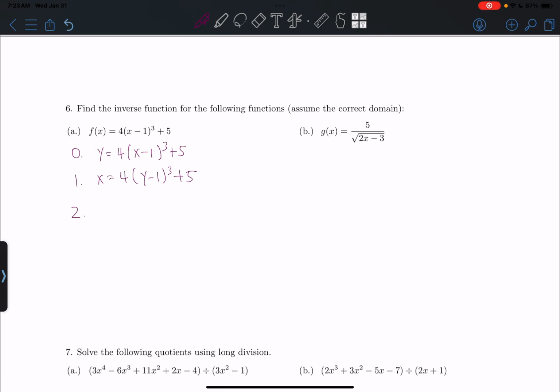So I go ahead and subtract 5 on both sides. Divide by 4. Take the cube root on both sides.